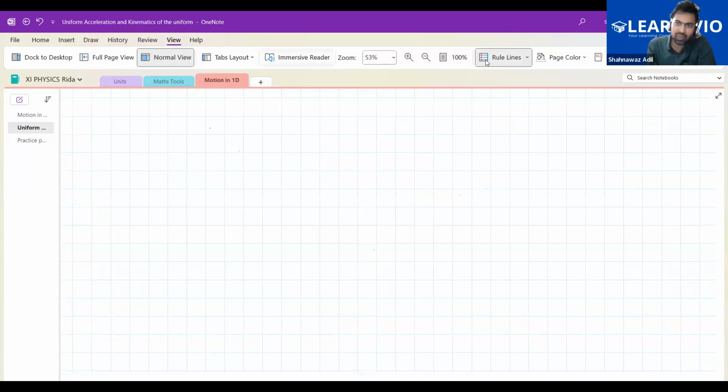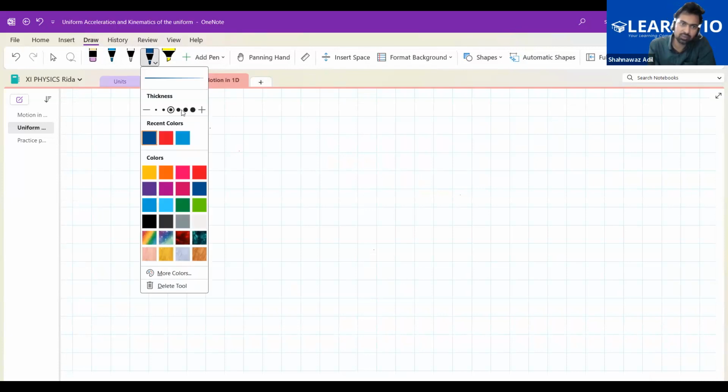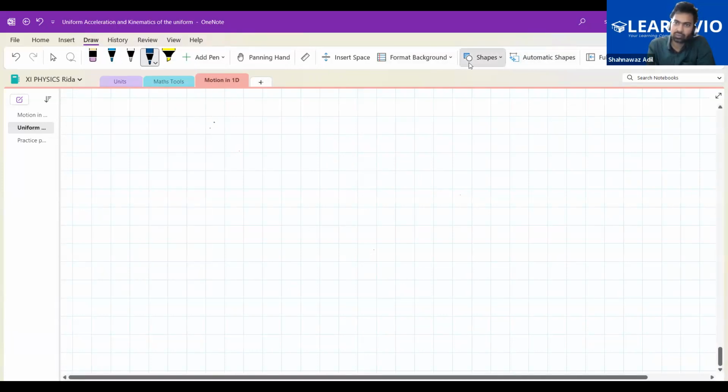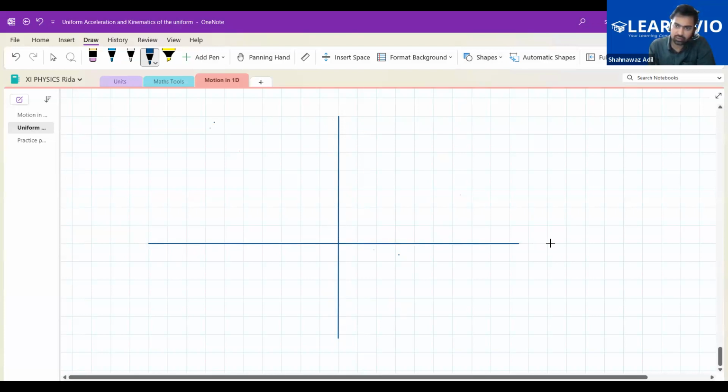So let's say that we have some x-axis and some y-axis. Okay.